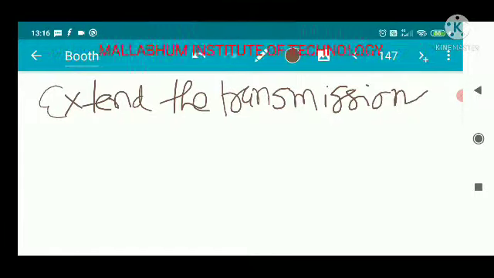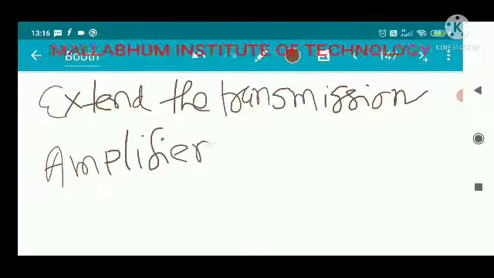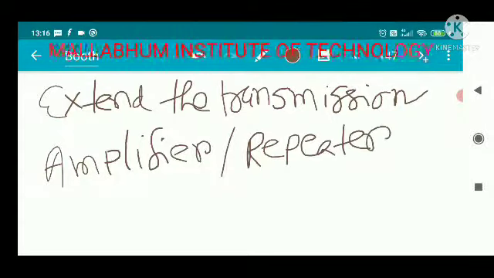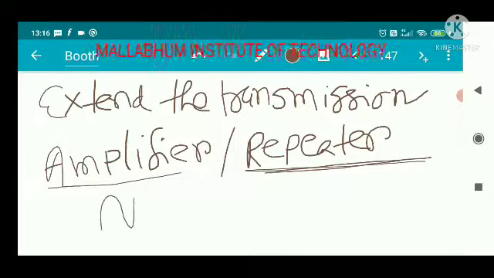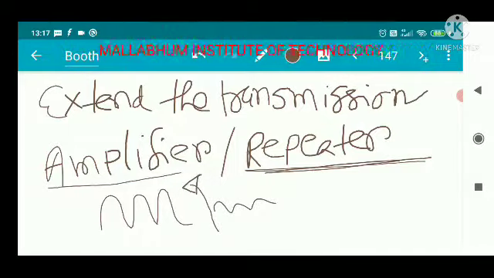Now there is a difference between the amplifier and the repeater. An amplifier amplifies the signal, and you may think that since the signal strength is diminished, the repeater can also amplify the signal, but that is not the case.